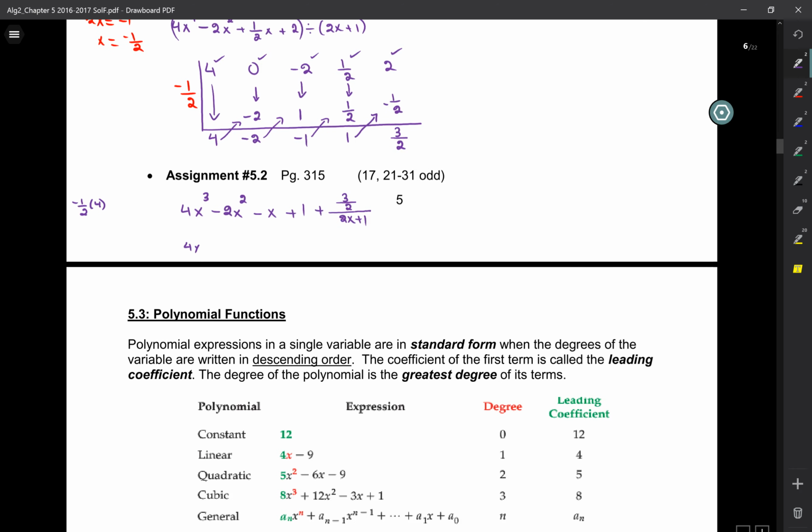So 4x cubed minus 2x squared minus x plus 1 plus, so you know what you do is you take that 2 and just move it down one flight. So it's 3/2 times 2x plus 1.